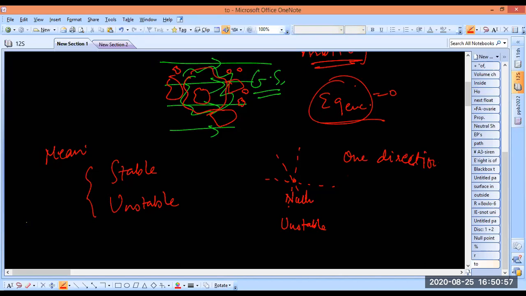In any one direction, it will go away if you disturb it. So that's why it is unstable. But you can't really say in how many directions. It really depends on the situation.